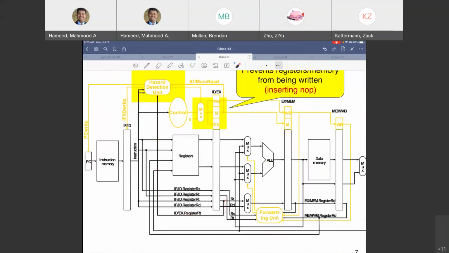Right there. Let me highlight in pink. What is that highlighted in pink? It is the destination of load, right?